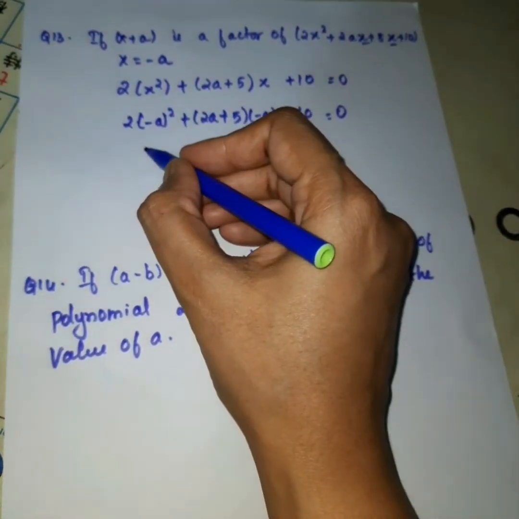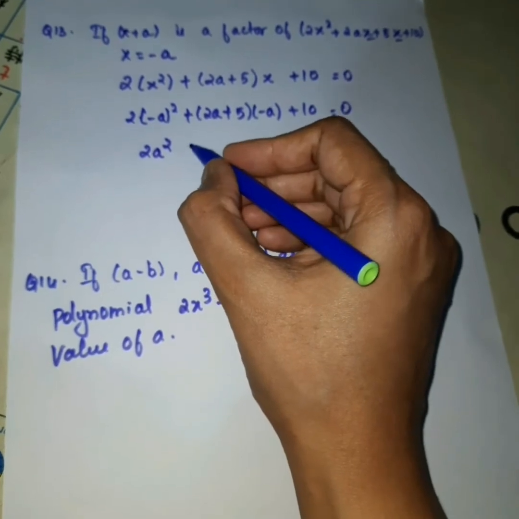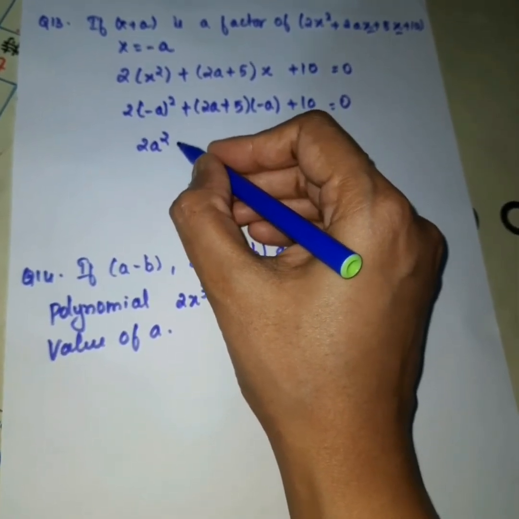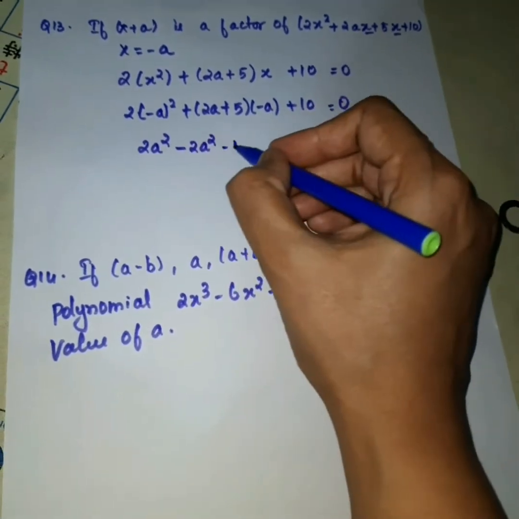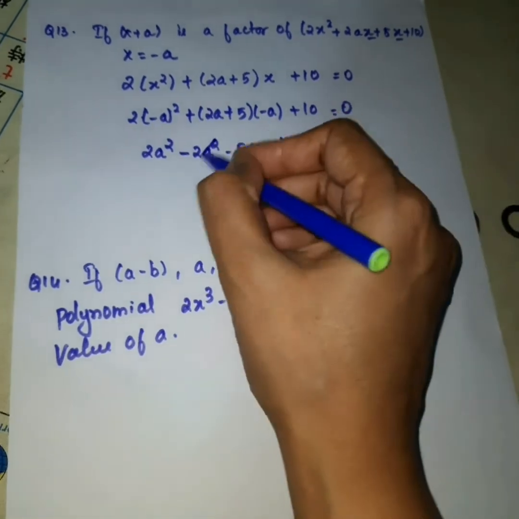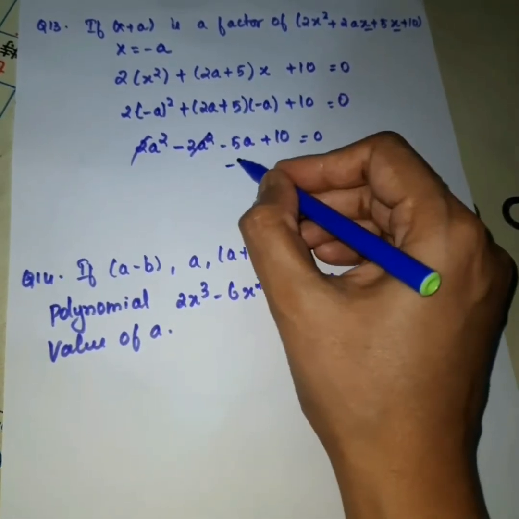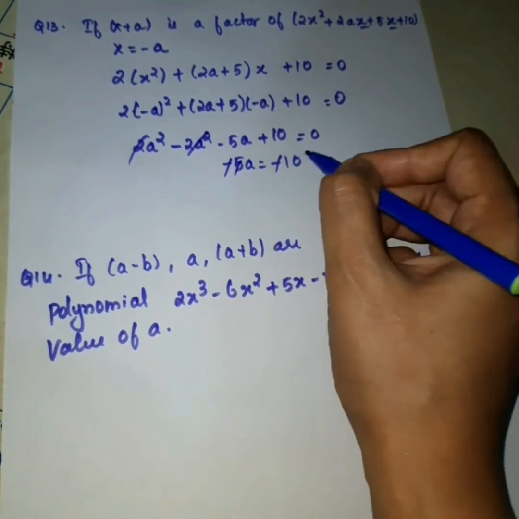So that becomes 2a square minus 2a square minus 5a plus 10 equal to 0. So plus and minus 2a square goes off. That's going to be a is 2.